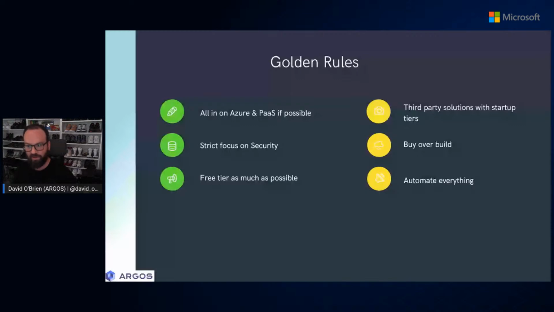As a security product, it needed to have a strict focus on security, which really meant to us, again, PaaS, push most of these concerns over to Microsoft, our cloud provider, because arguably speaking, at an infrastructure level, they're probably a lot better at securing certain things than we would be.